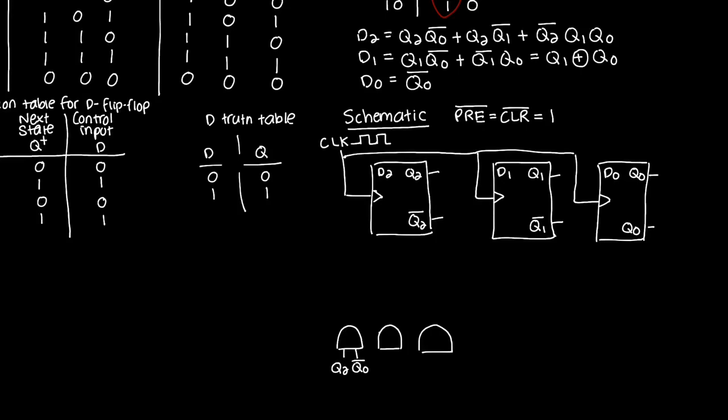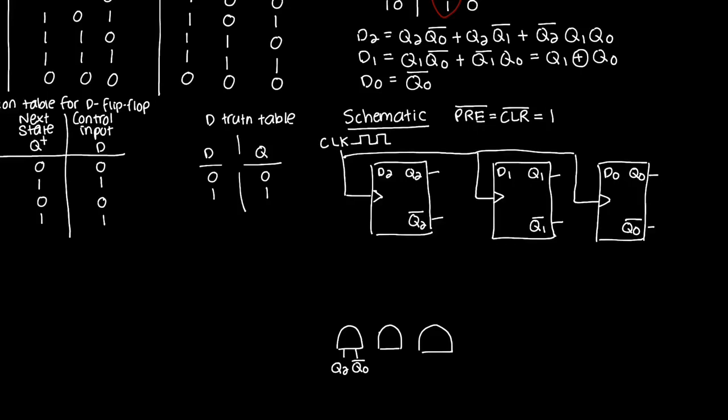So where do I get Q2 and Q0 bar from? Here's my Q2 output, and here's Q0 bar. Oops, that was a mistake. Put the bar on top of Q0.